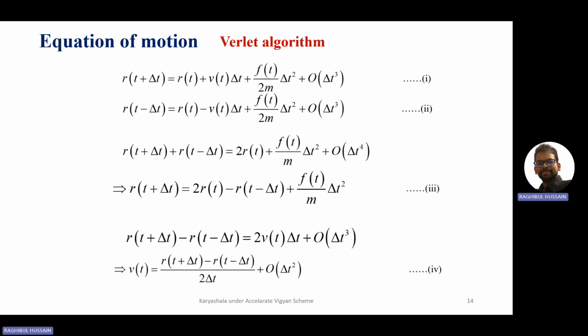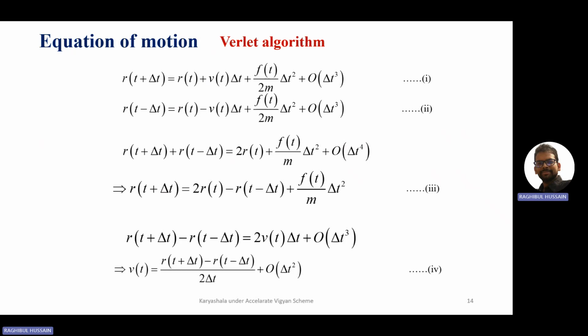Now, if you add these two expressions, 1 and 2, then you can get the updated position with respect to the present position, the previous position, as well as with respect to the force. Similarly, if you subtract these two equations, you get an expression for the velocity.